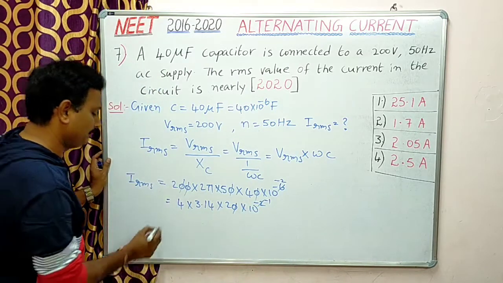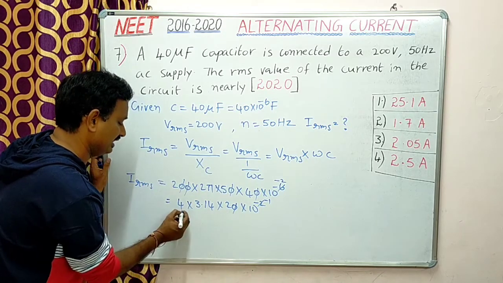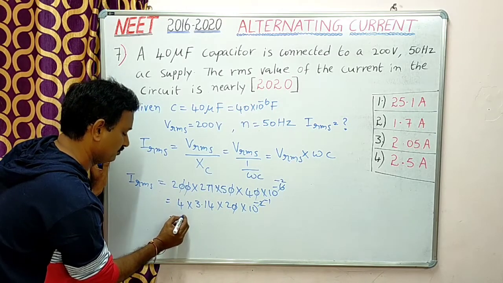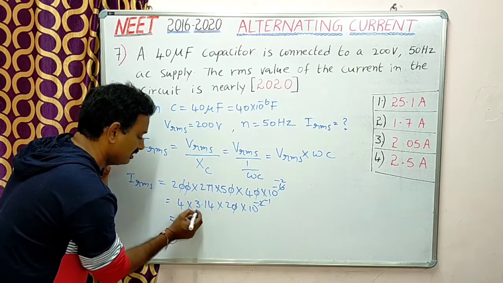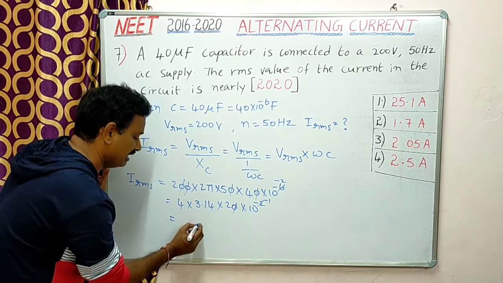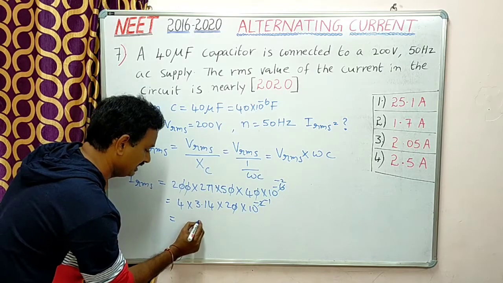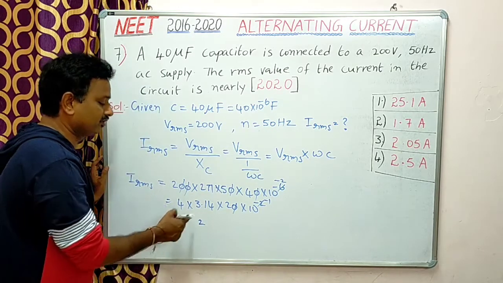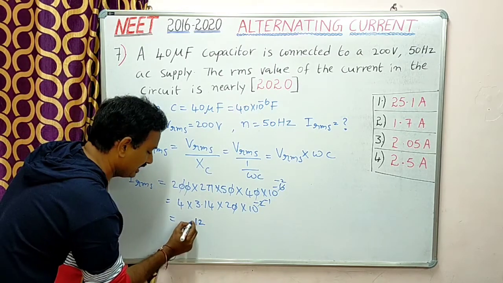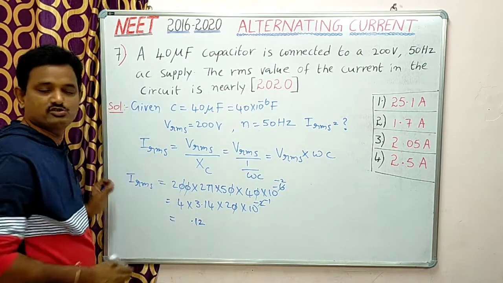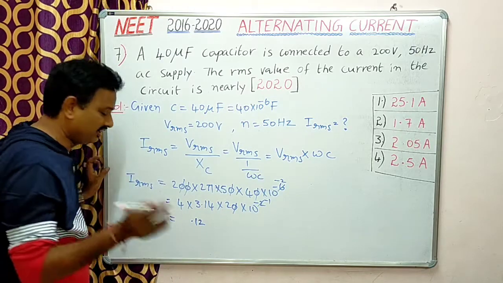If you multiply here, 2 fours 8. 8 into 3.14. 8 fours 32, 3 remainder. 8 ones 8. 8 plus 3 is 11. 8 threes 24, 24 plus 1 is 25.